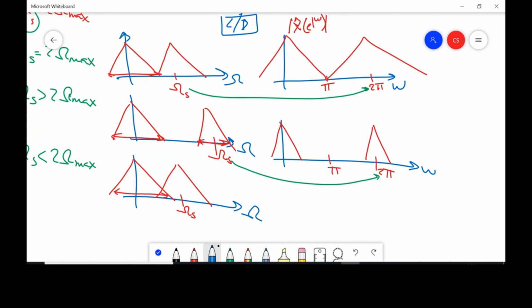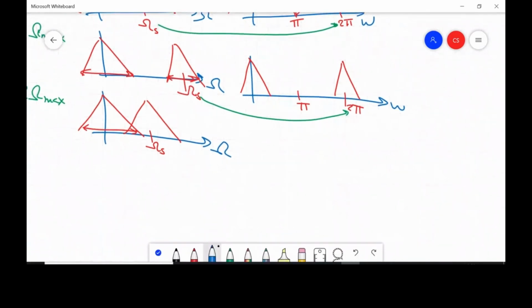Actually, we can compute what is the frequency. So any frequency in the continuous domain goes to, is that pi? No, probably this one, but it is pi divided by.